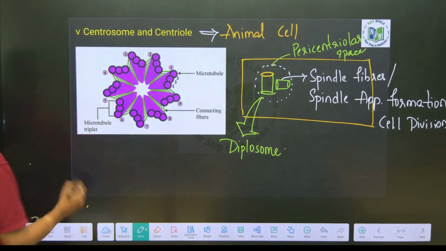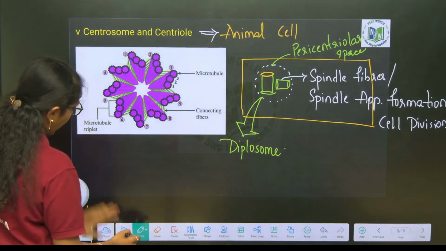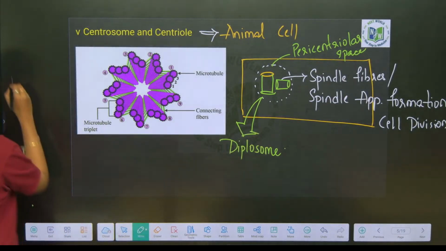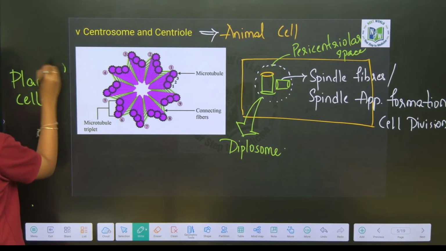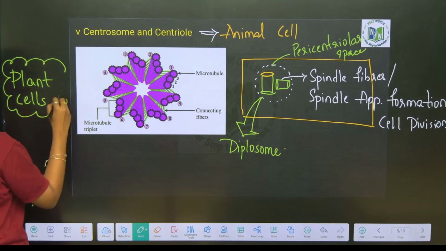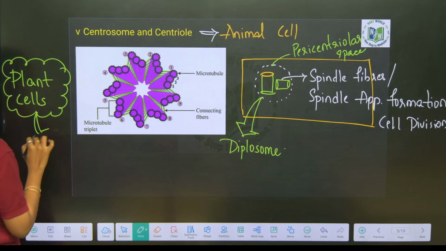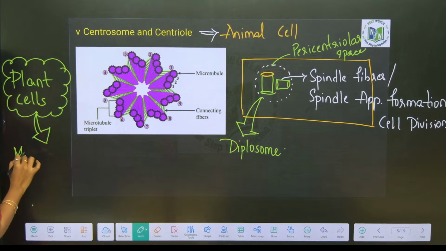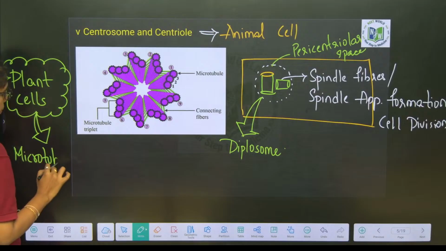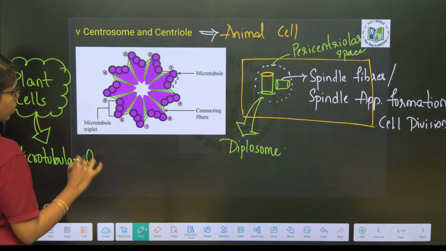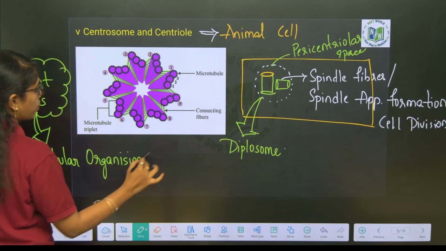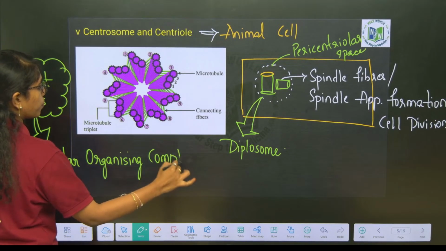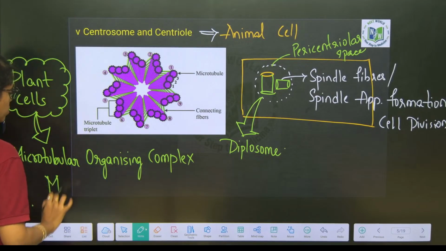In plant cells you will be having the microtubule organizing complex, beta. Microtubule organizing complex, MTOC.